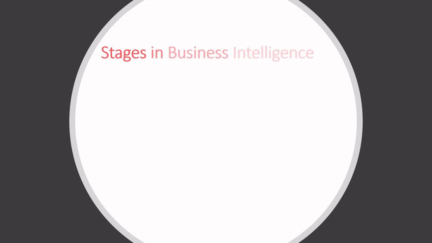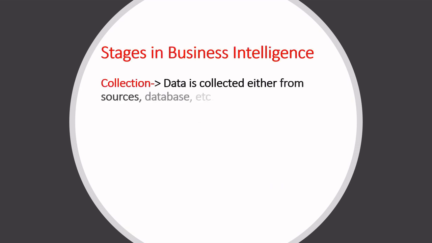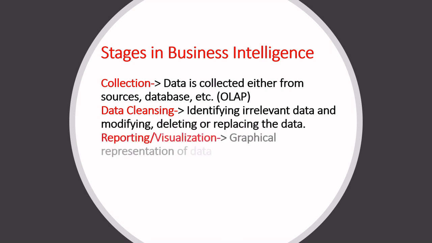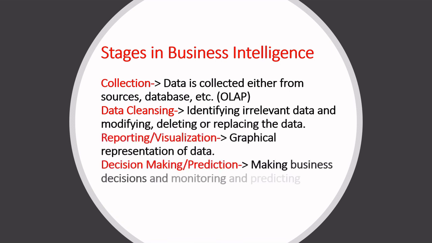Next, as you can see, in business intelligence there are many different stages. The first stage is collection. We collect the data from customers' on-premises, from the customer database, on which we are going to create reports, by an OLAP system, meaning online analytical processing system.